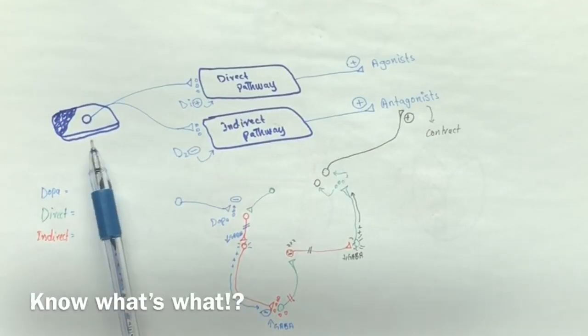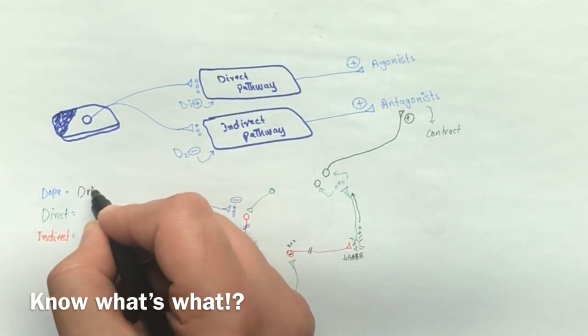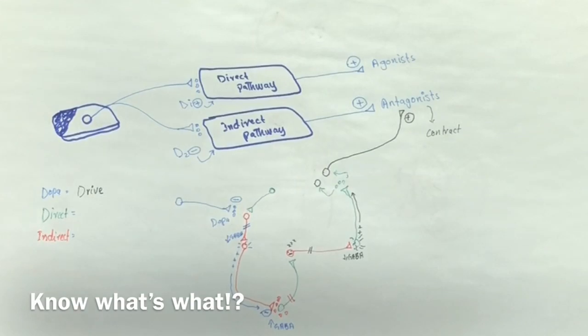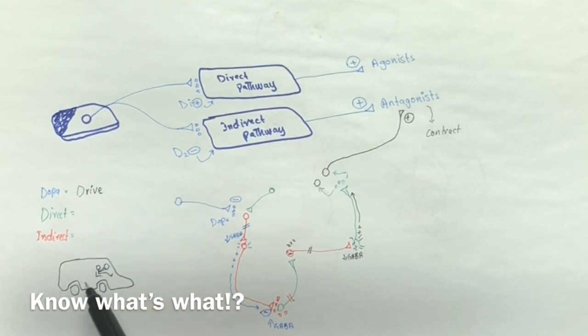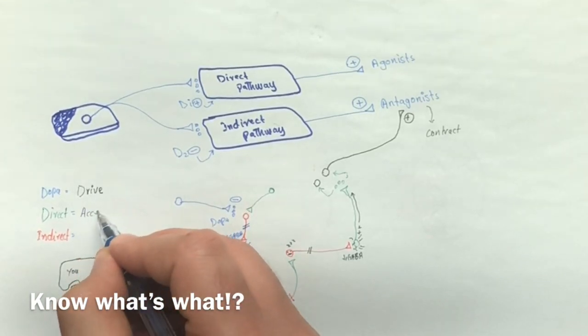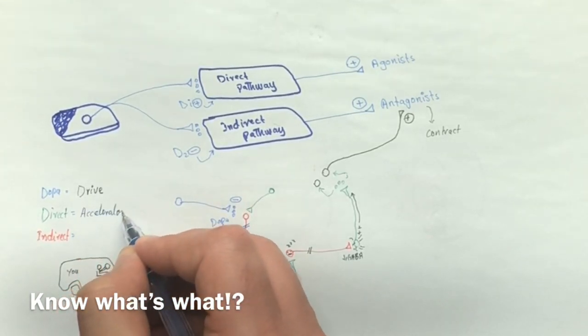So if we go back to our diagram here, there is an example. Why did I call the direct pathway the accelerator? Let's imagine the dopa is the driver and you are the vehicle, right? The direct pathway is the accelerator, and the indirect pathway is the brakes.